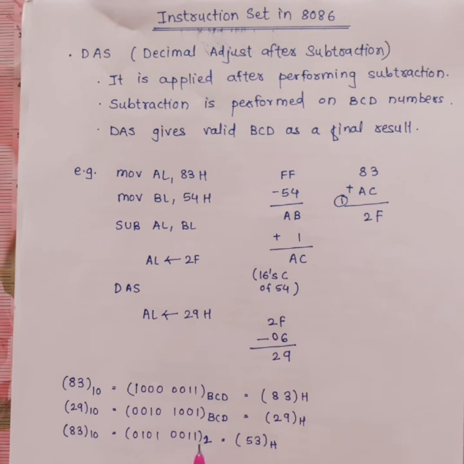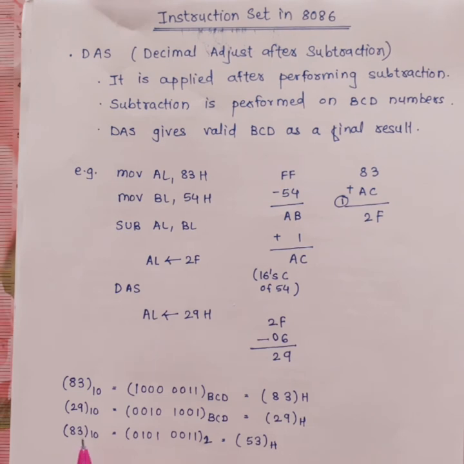So 0011 is grouped and represented as 3 in hexadecimal. Then 0101 is grouped to get 5. So 53 is the equivalent hexadecimal for this binary representation, which is equivalent to 83 in decimal.